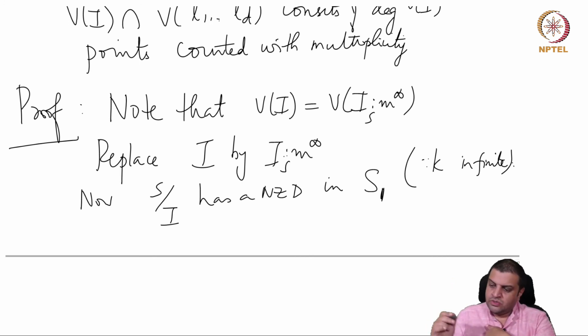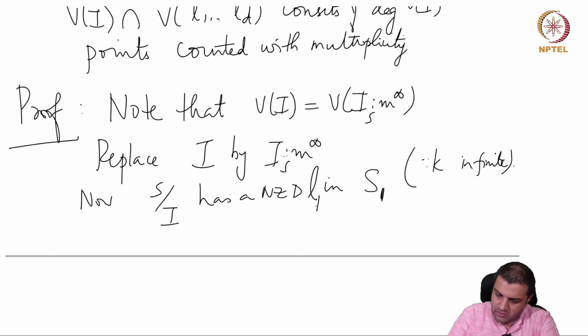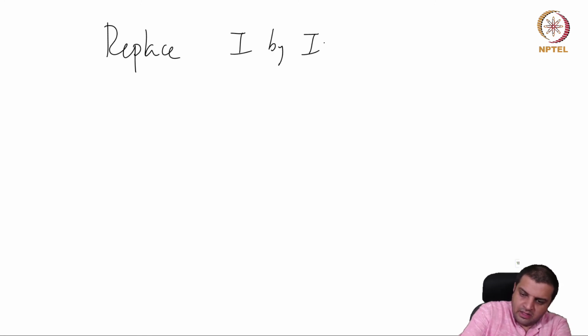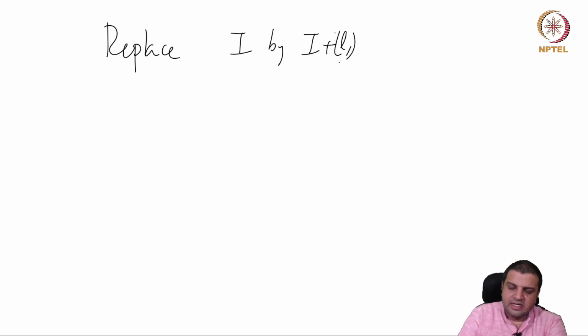So K is infinite, and with this we are able to find a non-zero divisor; let's call this non-zero divisor L1. Now replace I by I plus L1, I plus the ideal generated by L1. Now the dimension has dropped.